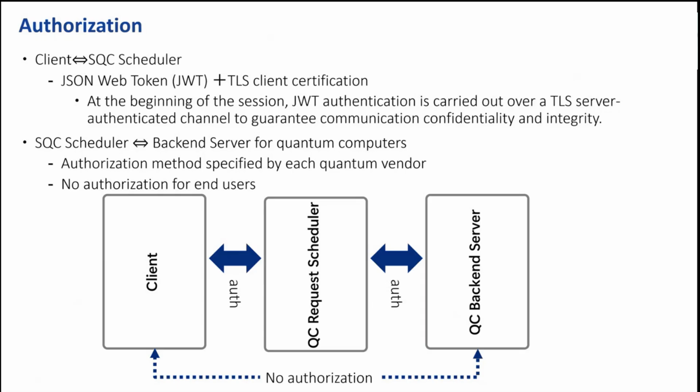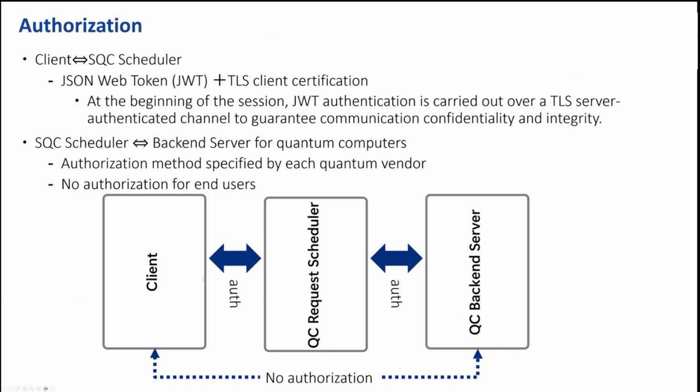So we use a token and TLS client certification to send the token data on a secure TLS session. Our client library automatically retrieves the JWT token issued to the user and sends it to our QC request server. Then our QC request server identifies and authorizes the user.